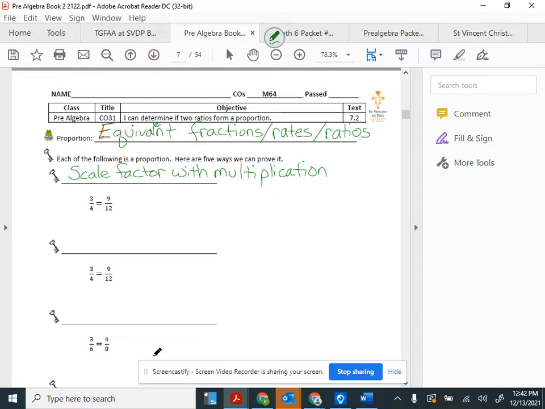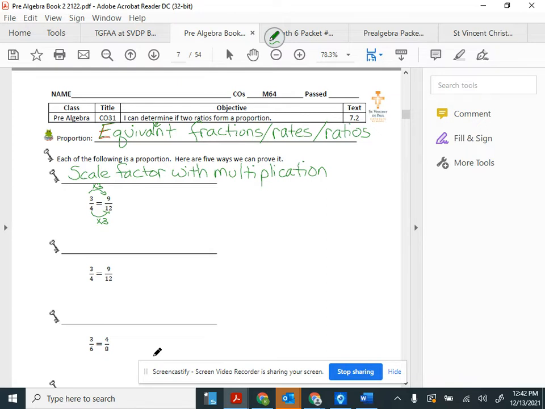So it's to scale. To go from 3 to 9, we multiply by 3. To go from 4 to 12, you multiply by 3. So that scale factor, you can see that it's a proportion because what you do to the top, you do to the bottom. They both multiply by 3.